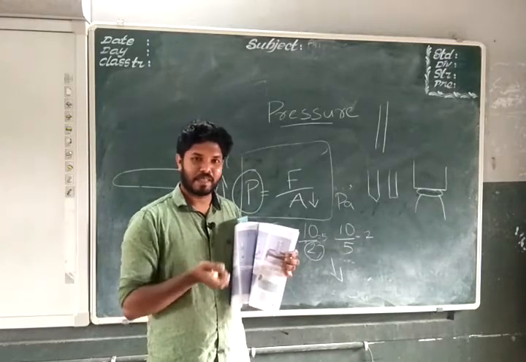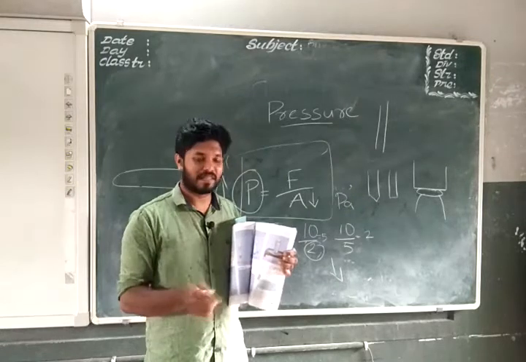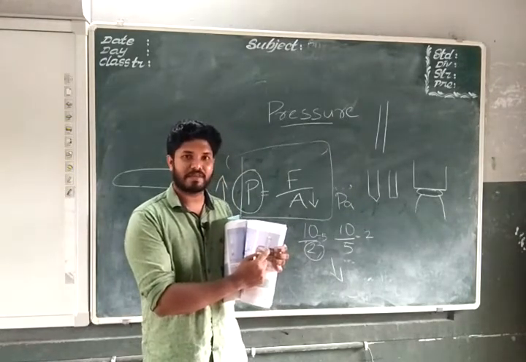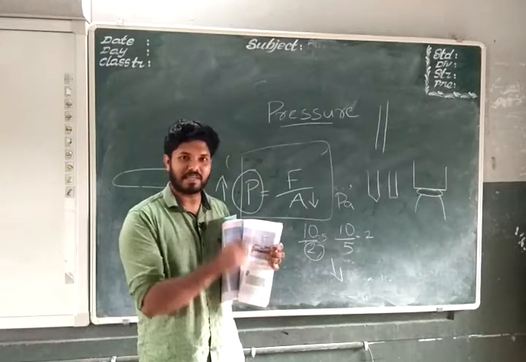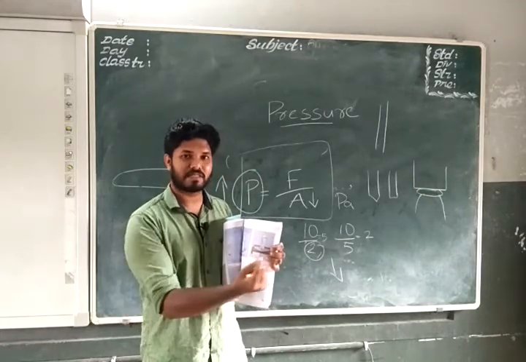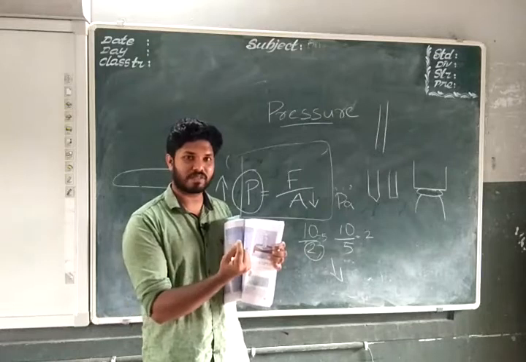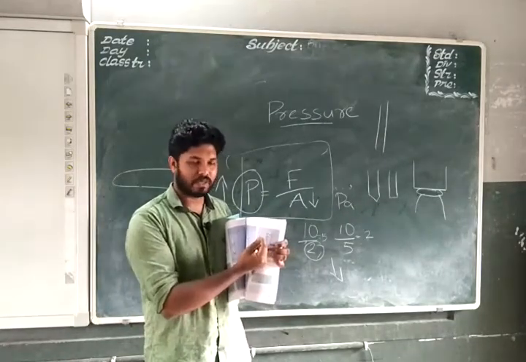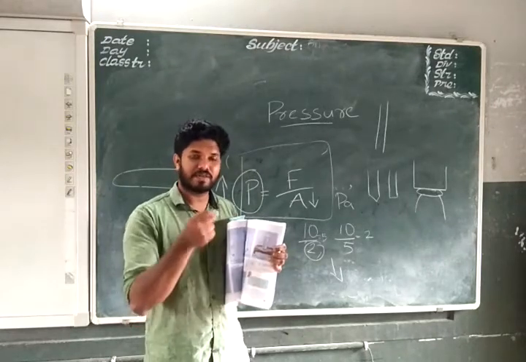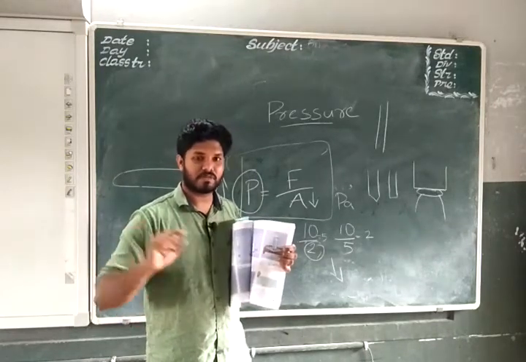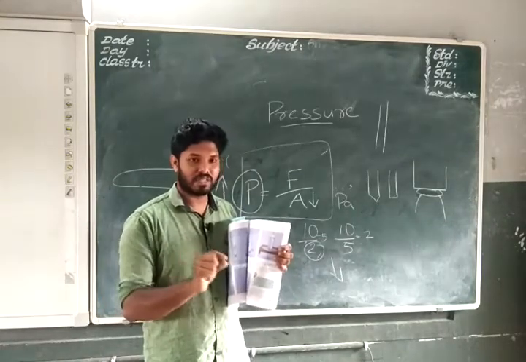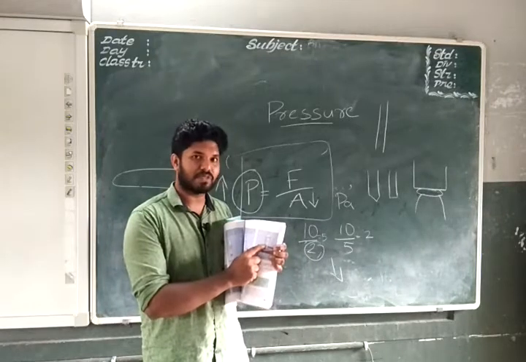That is, at the same depth, the pressure exerted by the liquid is the same. At the same depth, the pressure exerted by the liquid on the walls of its container is the same. So if it is kept in a bottle, the liquid exerts a pressure on the sides of the bottle, and this pressure is the same at the same depth or height.